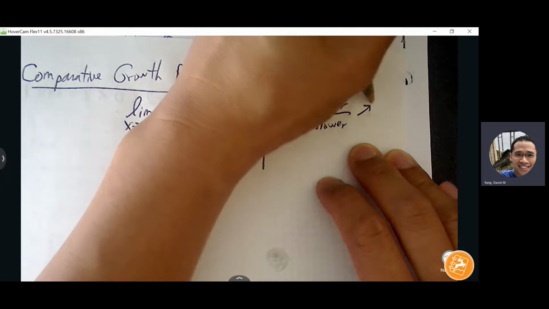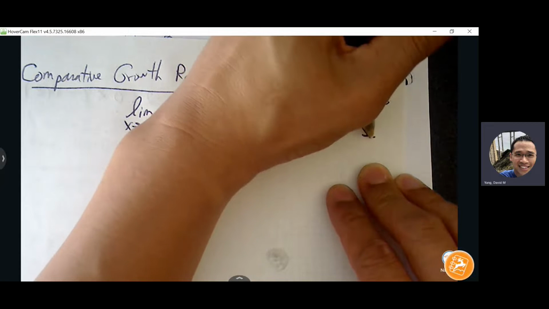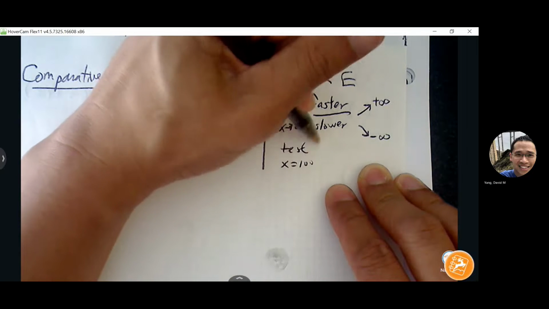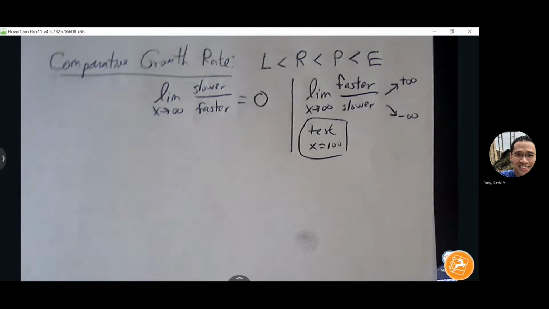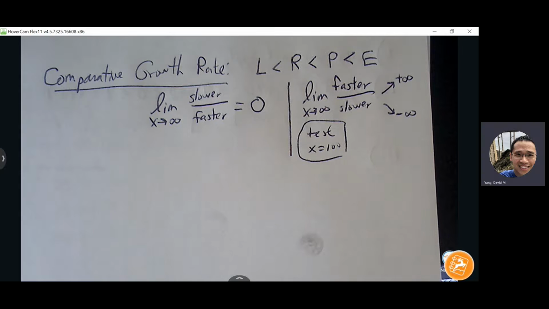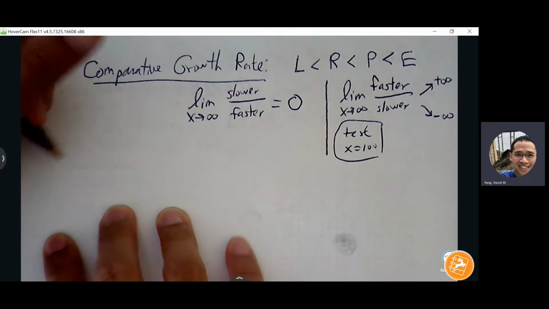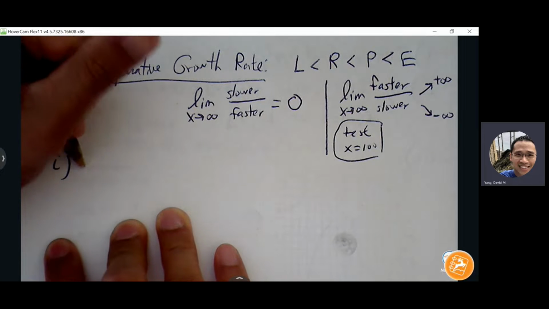It's either positive or negative infinity, and then we have to test x equal to 100. Okay, so does that make sense? Let me do 2 quick examples and have you guys try it and see if you're comfortable with this topic.